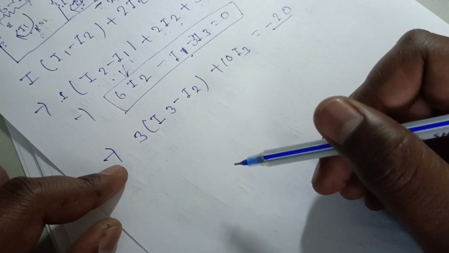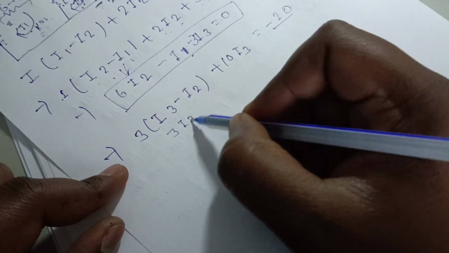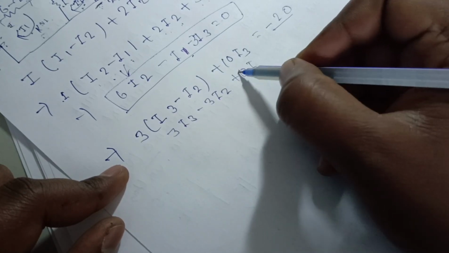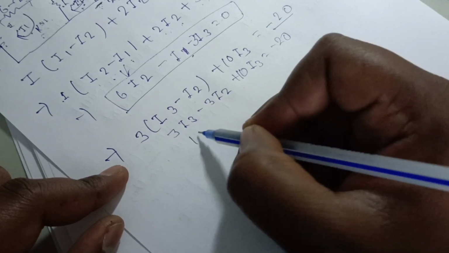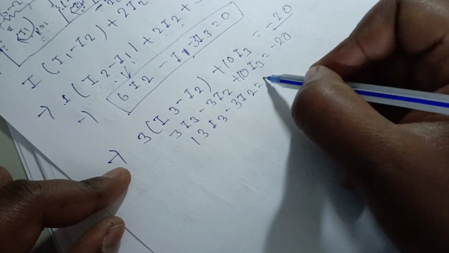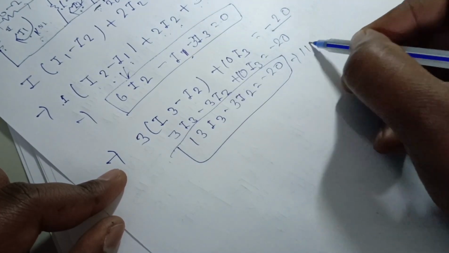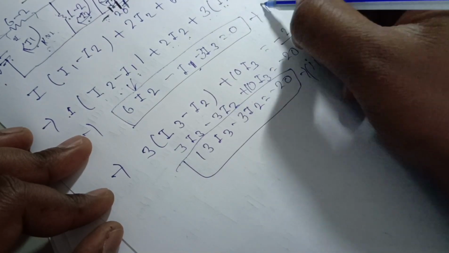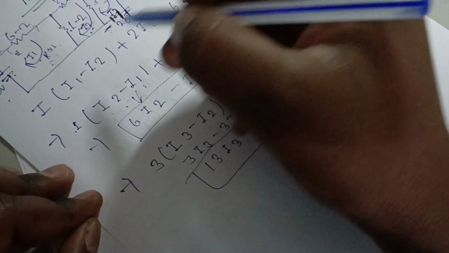So now again just solve it a little bit. 3I3 minus 3I2 plus 10I3 is equal to minus 20. So 13I3 minus 3I2 is equal to minus 20. Remember, this is the third equation, this is second, and this is first.